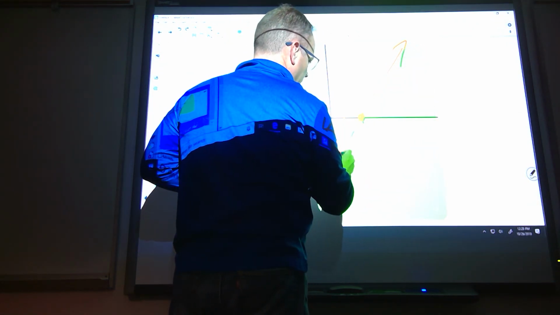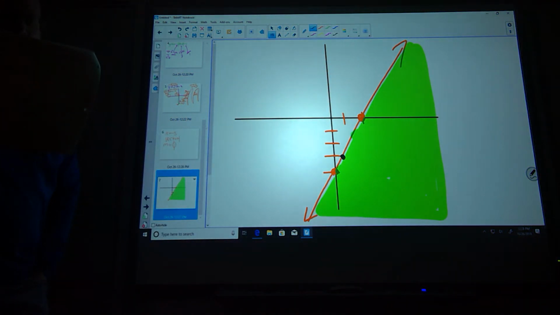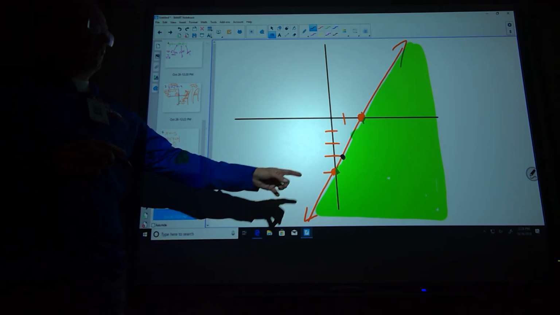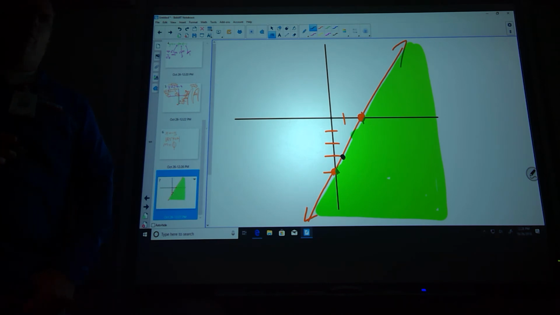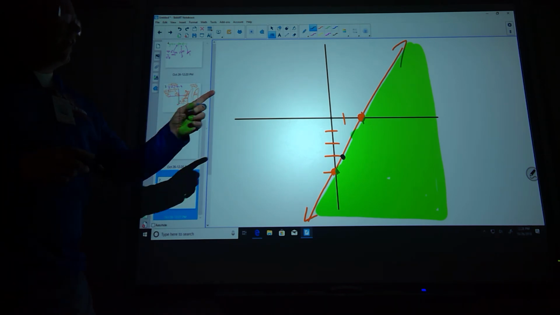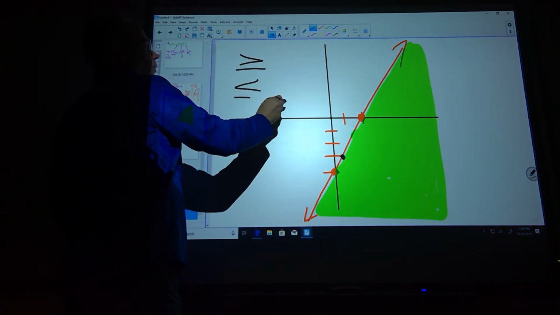They want to know, is that black point right there part of the solution? Yes. Why can you say that? Because it's in the shaded area. Why else? Look at how mine's drawn. It's on the line, and the line is a solid line, which means you would have had greater than or equal to or less than or equal to for your signs.